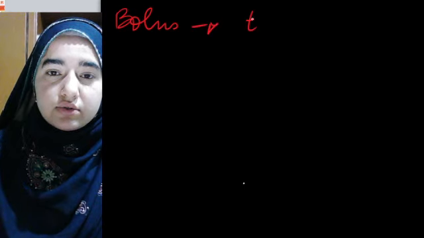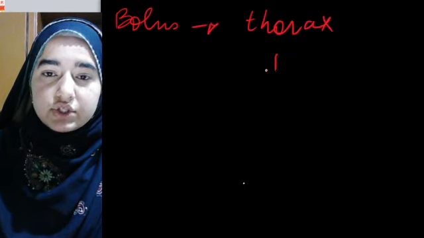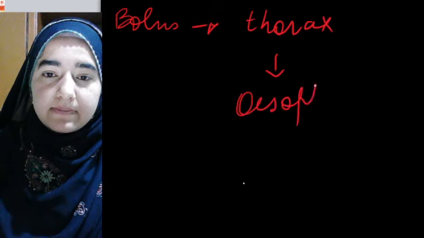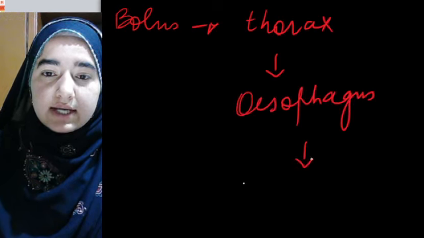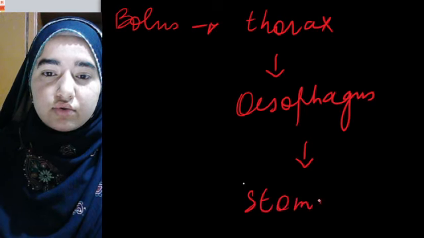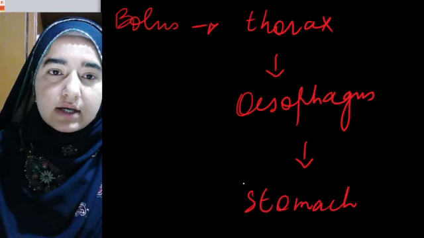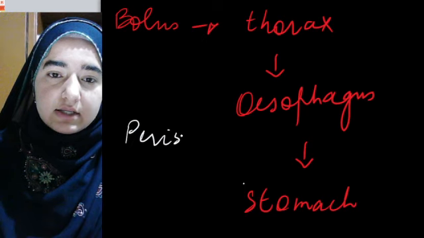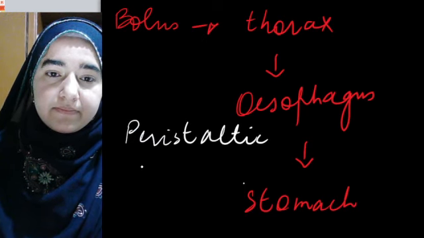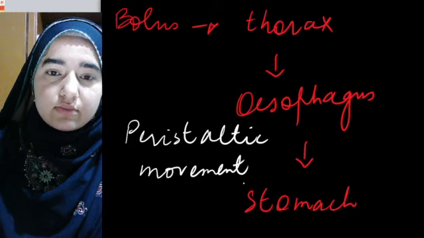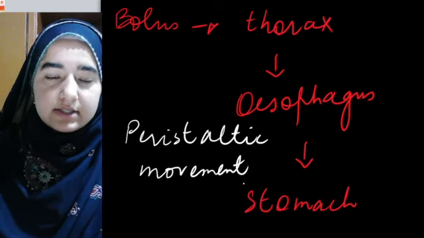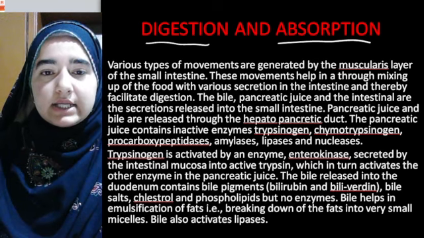In the mouth, food gets converted into bolus, which is then transported into the thorax region, which leads it to the esophagus, and through the esophagus food gets into the stomach through peristaltic movement. This movement is a wavy movement. I hope this concept is clear.